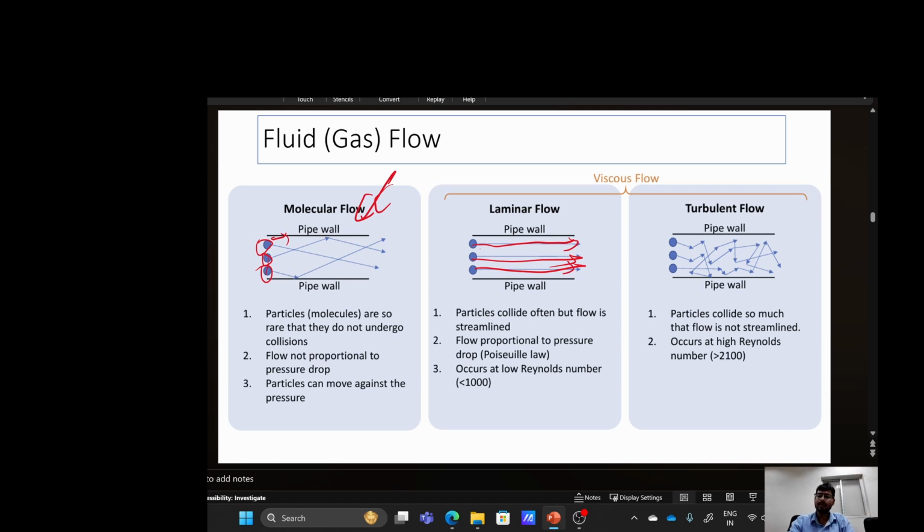And in turbulent flow, if we increase the pressure, these atoms will collide with each other so much that there will be a kind of randomness. If there is a pipe and you press it from the front, you can see this kind of flow.